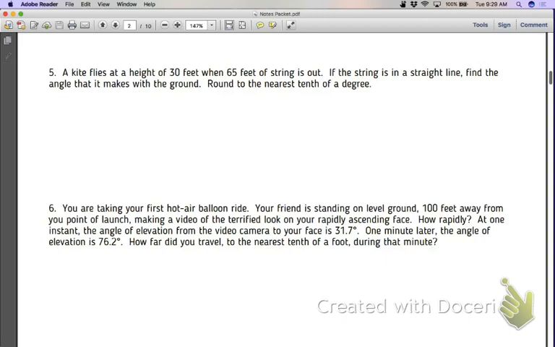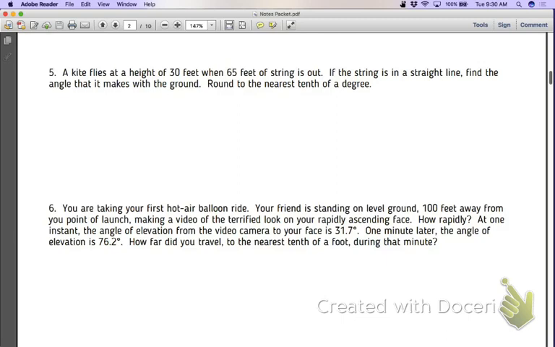Unless it tells you that you are 6 feet tall and you're holding it 6 feet above the ground, you just assume that it's going from the kite straight to the ground. It's like a stake in the ground, has the string, and then the kite's just flying with nobody holding.